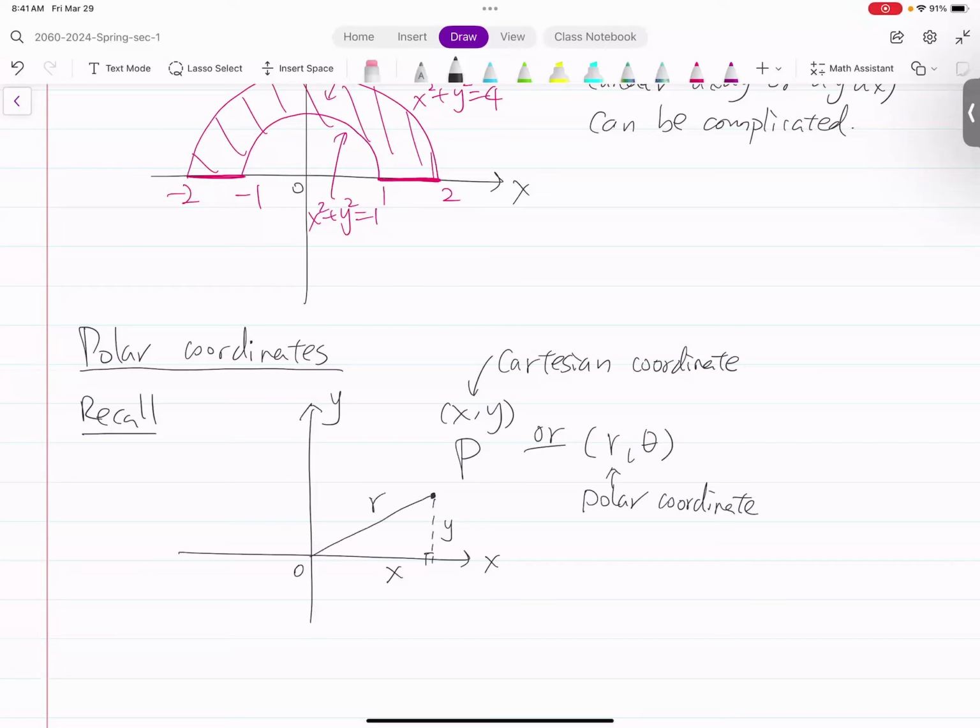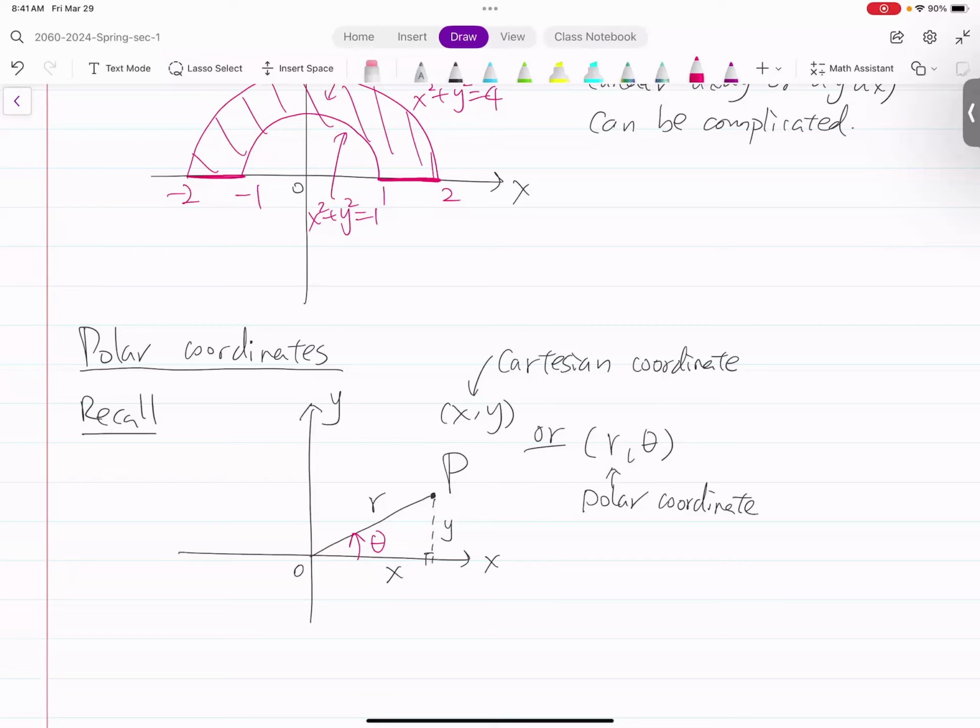Here you form a right triangle, and r is the hypotenuse. And then theta is what? This is the vector OP. You have the direction OP, and you have the direction along the x-axis. So there must be a rotation angle that goes from the x direction to that OP direction. This is the angle theta.